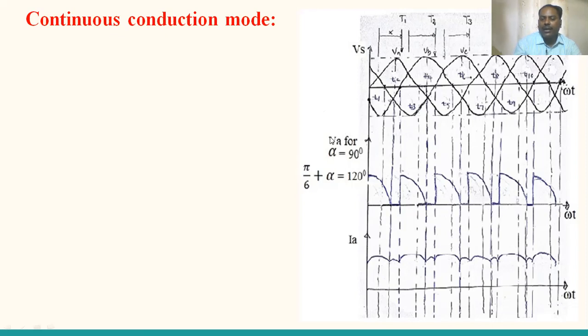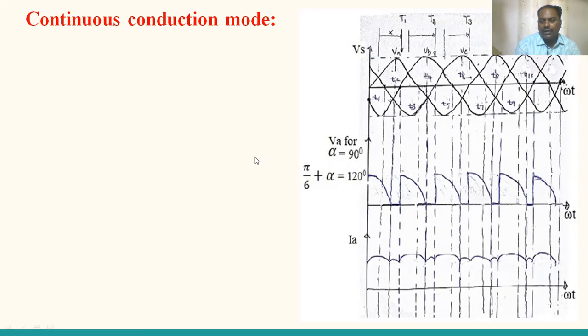The average output voltage for firing angle alpha equal to 90 degrees is 5/6 plus 90, so it commences at 120 degrees. I think this phenomenon was already covered in power electronics. Anyhow, this overlap happens because of the source inductance.